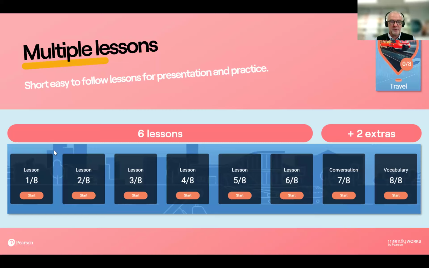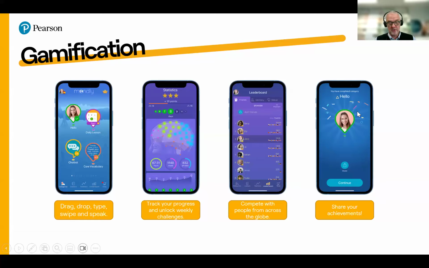There are, for every topic, so here's the topic of travel. This is just like a screenshot, if you like. There are multiple lessons. Can you see here 6 lessons and then 2 extras, which offer the opportunity to practice a conversation around travel, as well as working on the vocabulary. Elements of gamification. So here you can see there might be a drag, drop, or type, or a swipe and speak.